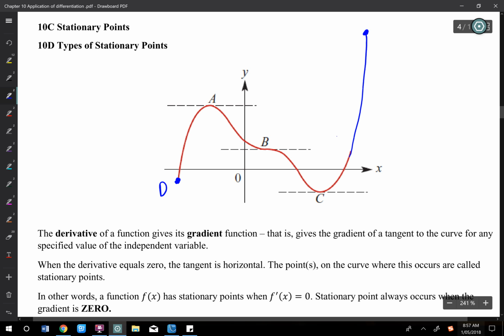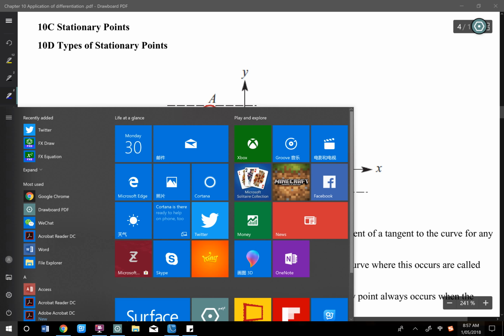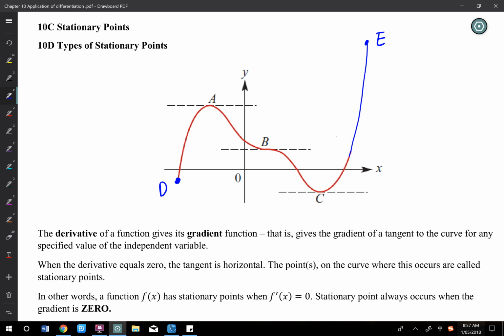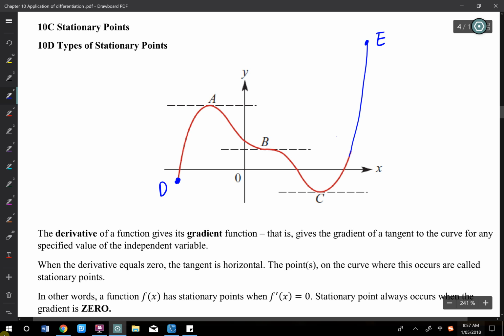Just go above the point A. And then at the endpoint there, say that's the endpoint E. Okay, let's talk about the names for all of these points. What's point D and E called? Endpoints. Okay, let's write this here. So that's endpoints.